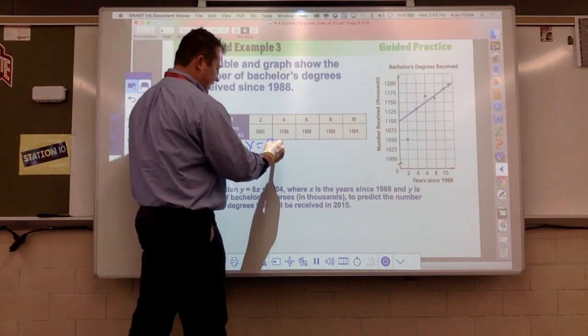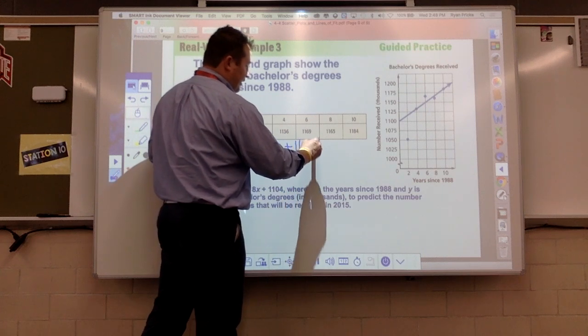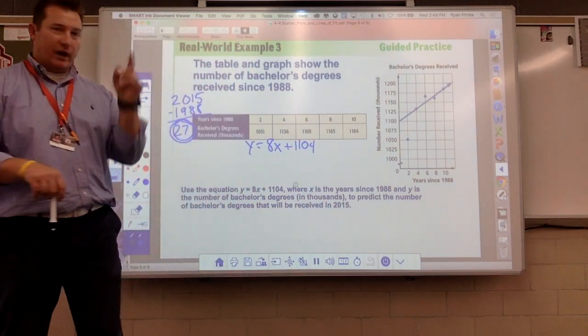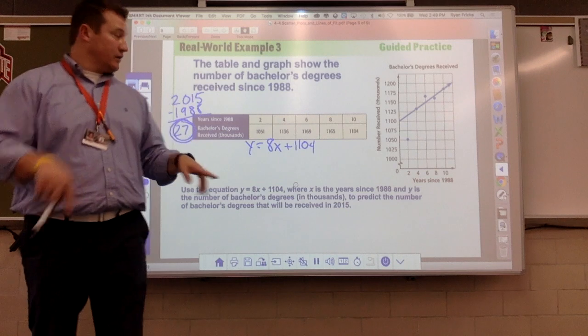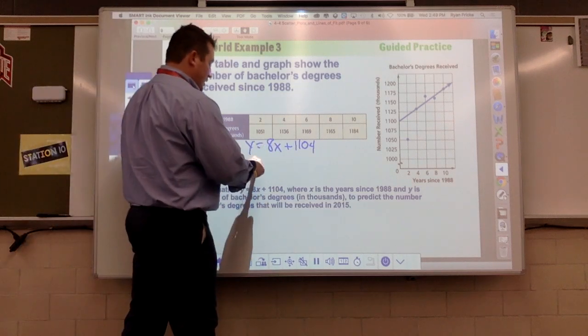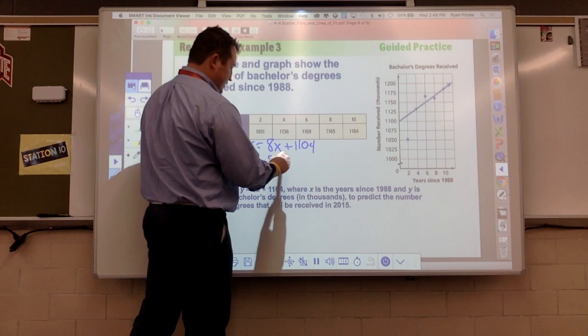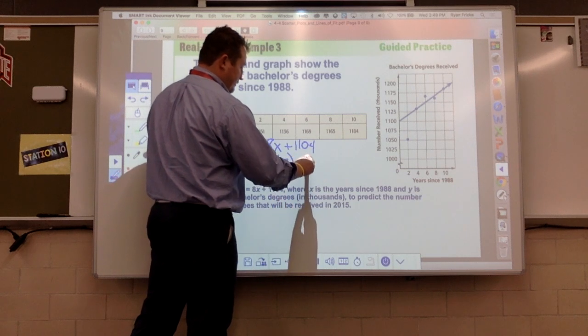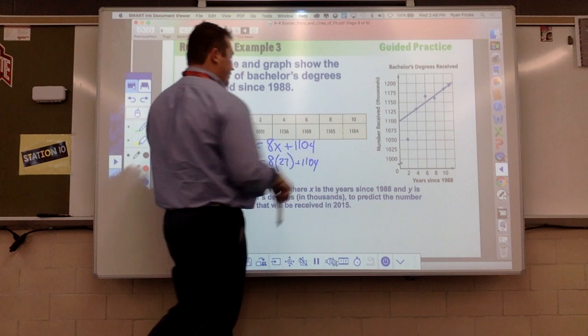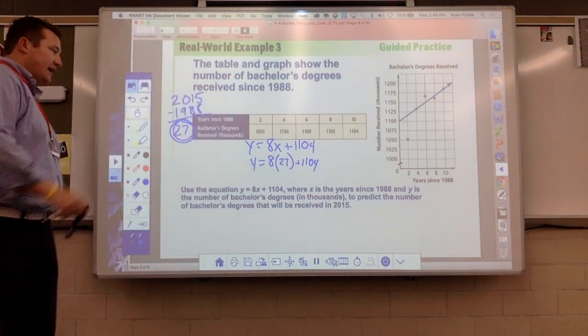Y equals 8X plus 1104. So replace X, which is a year, with 27, and that will give us how many bachelor's degrees will be received. Again, those are in thousands. Handy dandy calculator.